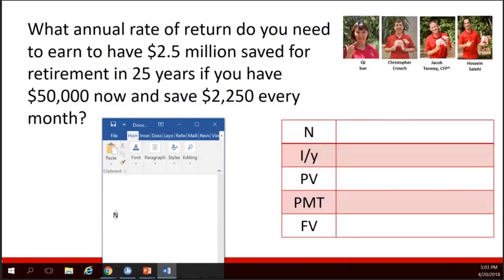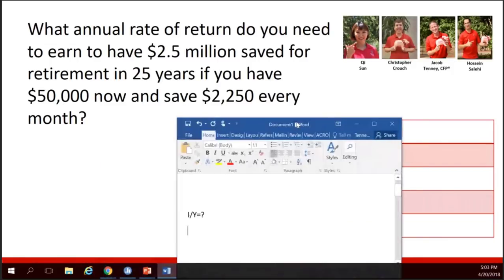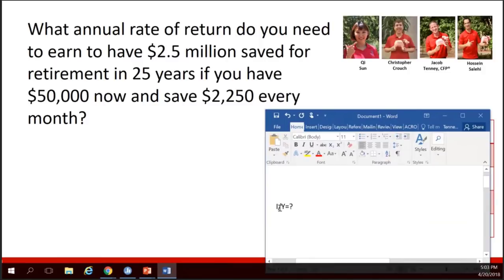So what is N here? We are solving for annual return, which we don't know. We want to calculate it. So what is N here?